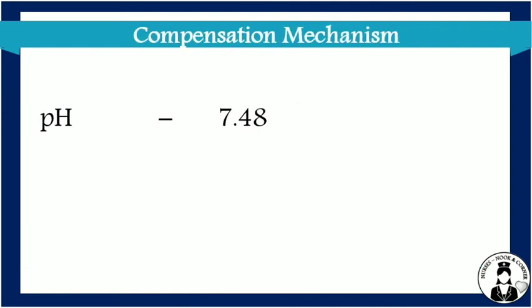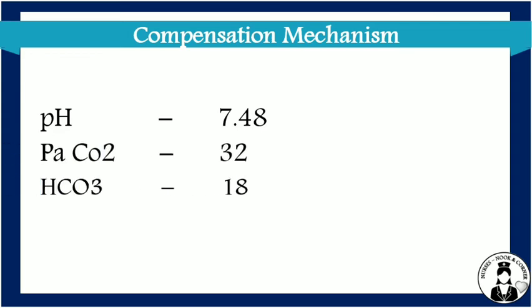Here pH is 7.48, PaCO2 is 32 and HCO3 is 18. pH is 7.48, so it is alkalosis, and PaCO2 is 32, that is it is decreased, and HCO3 is also decreased. In HCO3, if it is decreased, then it comes under acidic.